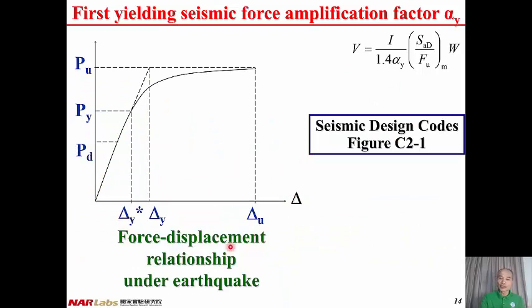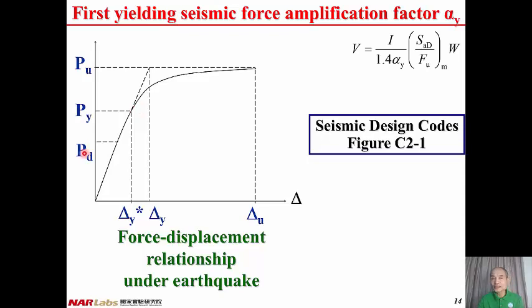This is the force displacement relationship of a structure under earthquake. Delta here is the displacement of the structure, and P here is the force of the structure. When the displacement is small, it is linearly related. When the displacement becomes larger and larger, the structure becomes softened, and the stiffness of the structure becomes less, and it enters into the nonlinear range.